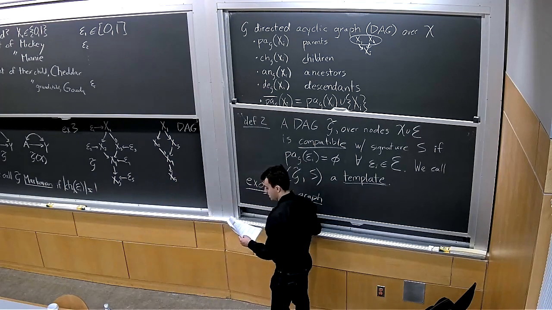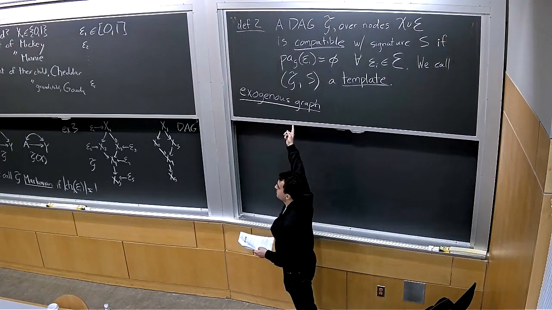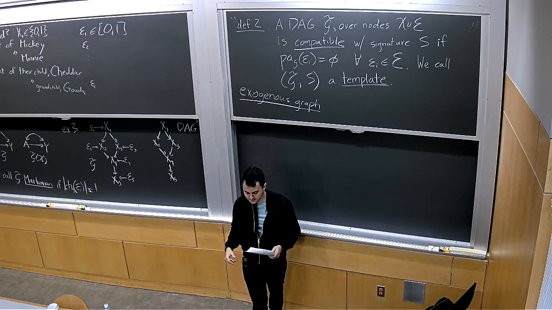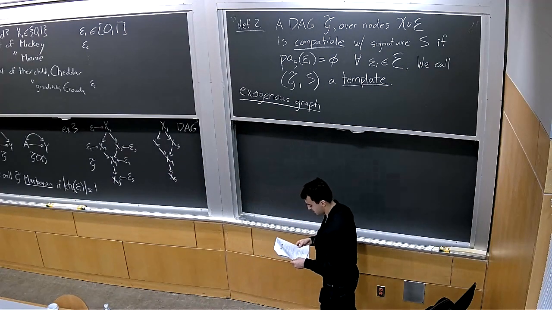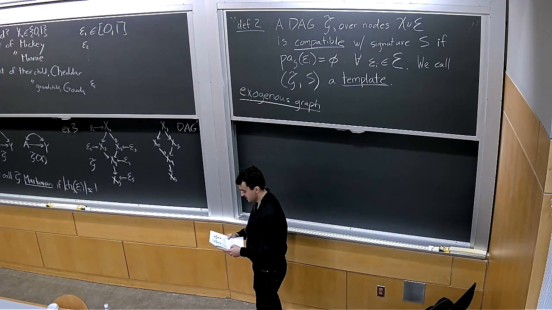Okay. So we have all of this machinery talking about how these variables are related in this qualitative sense. Now we want to start getting into defining how they're related in a more quantitative sense.